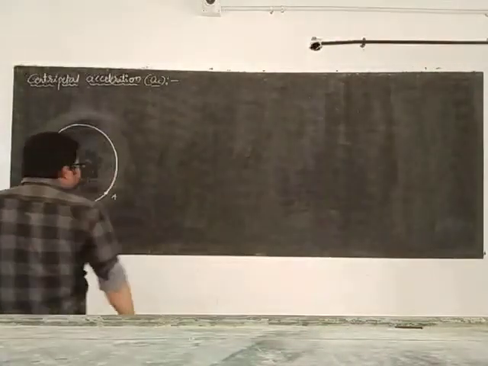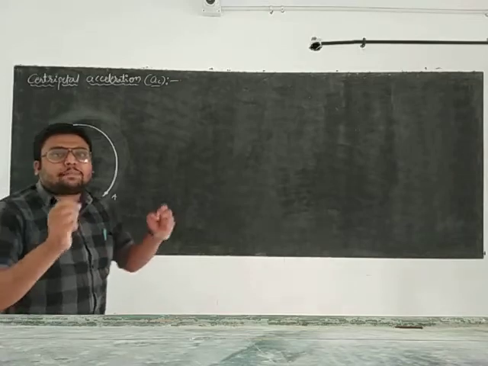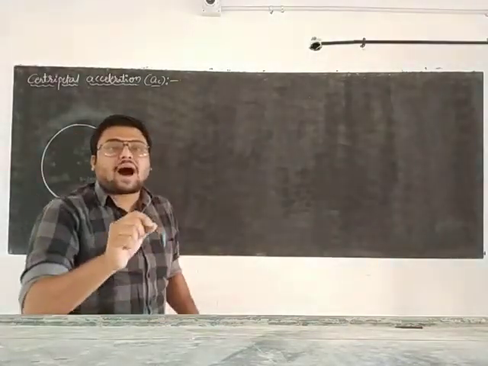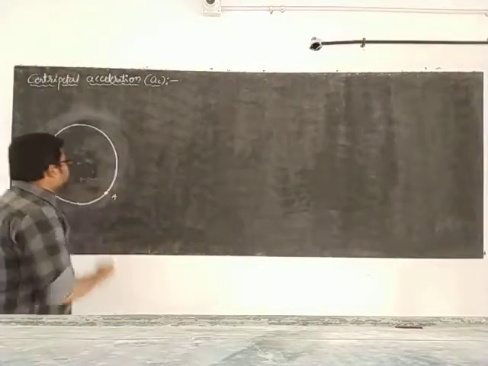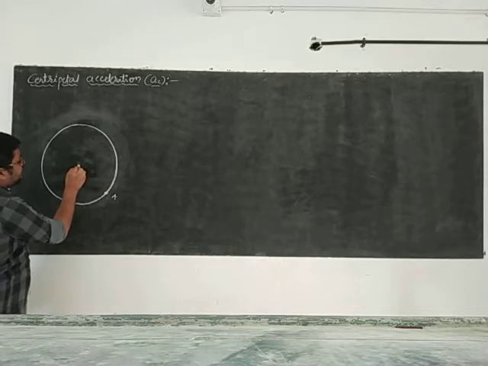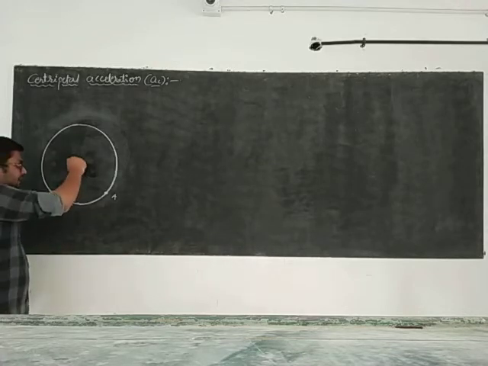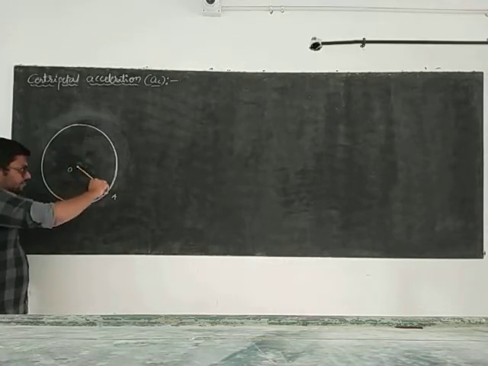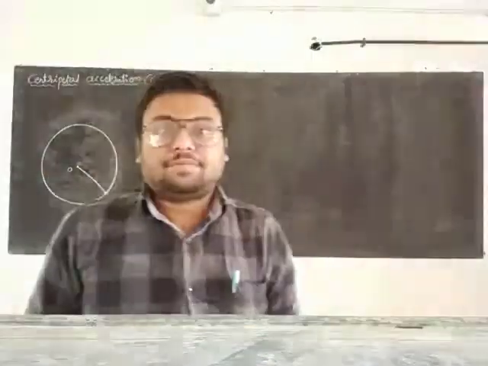In the last class I said that the radius vector is the line joining the particle moving in a circular path with the center of that circular path. So I consider the center of this circular path here, O, and the line joining this center with the object moving in the circular path is called the radius vector.